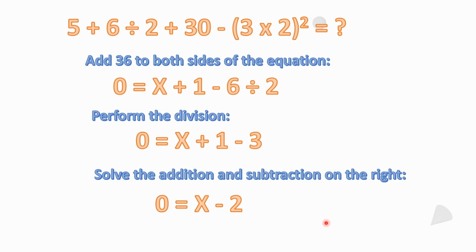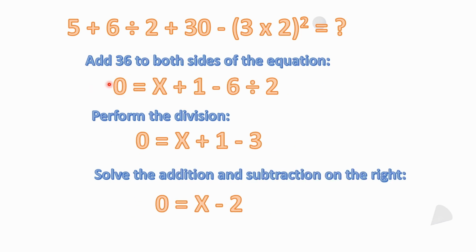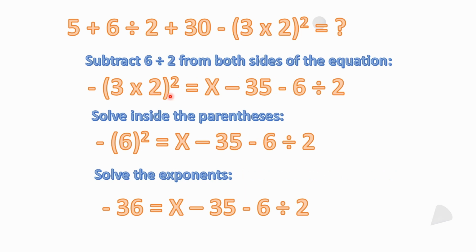What we can do here is add 36 to both sides. Let's go back one page. See, we had minus 36 here on the left, right? So if we add 36 on the left side, minus 36 plus 36 is 0. Then on the right side of the equation, note that we had x minus 35 right here.